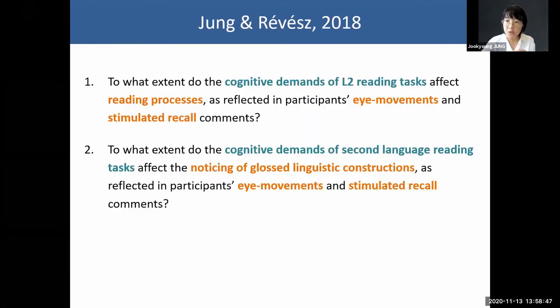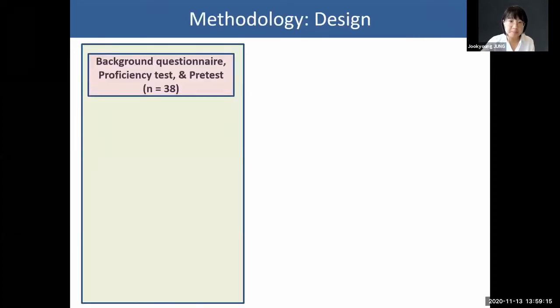So the research questions were, to what extent do the cognitive demands of different reading tasks affect reading processes as reflected in their eye movements and stimulated recall comments? And secondly, to what extent do the cognitive demands of different reading tasks affect the noticing of glossed linguistic constructions as reflected in participant eye movements and stimulated recall comments?